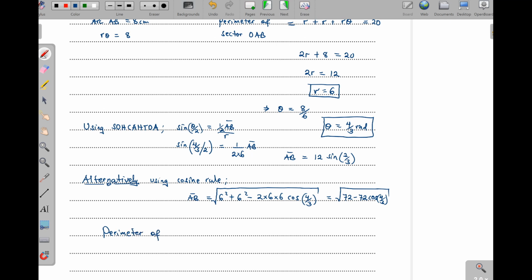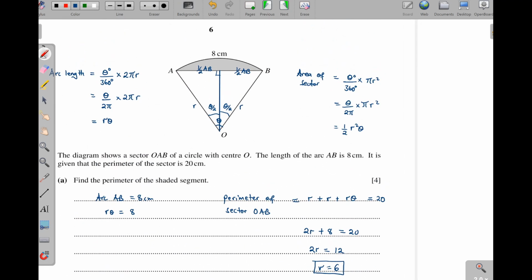Perimeter of shaded region, as the segment. So this one is going to be equal to the arc length of AB, plus the straight edge AB. Just look at this one here.